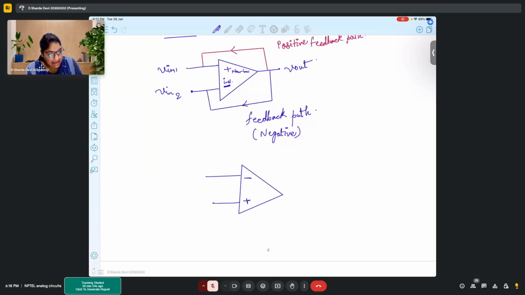So here I have changed my input, or I should say, I have changed my feedback or negative terminal. So my above terminal is negative and lower terminal is positive. V out, V in, and this is ground.